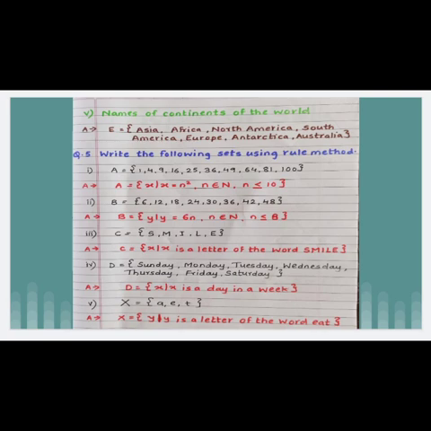Second one, B is equal to curly bracket 6, 12, 18, 24, 30, 36, 42, 48. Observe the example. You can come to know that these are the numbers which are coming in the table of 6. That means these are the multiples of 6. Hence, to show this example by this method, use capital B equal sign curly bracket.